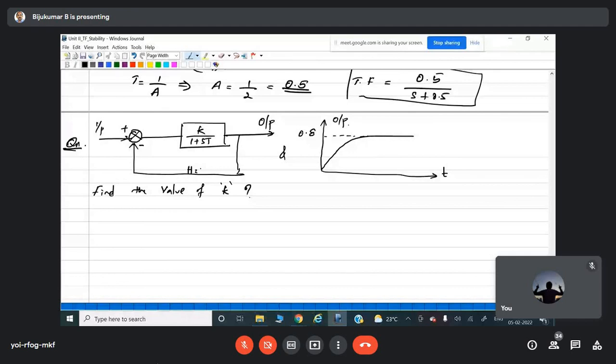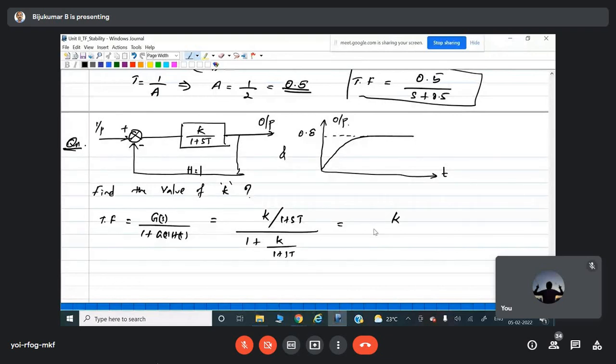How will you find the transfer function? In this case, G of s is K divided by 1 plus sT, divided by 1 plus K divided by 1 plus sT. Solving this, you get K divided by 1 plus sT plus K.